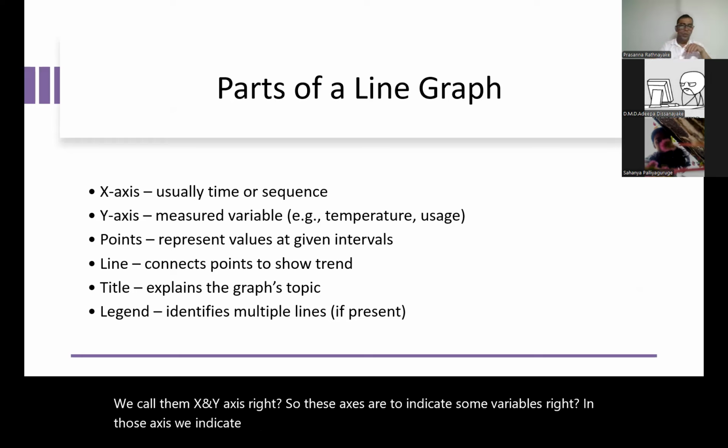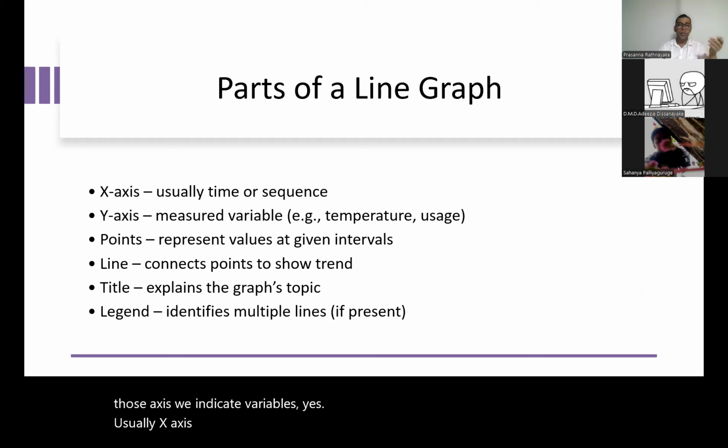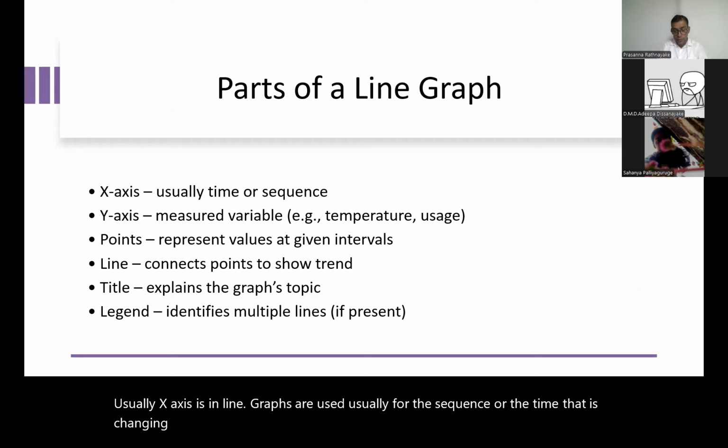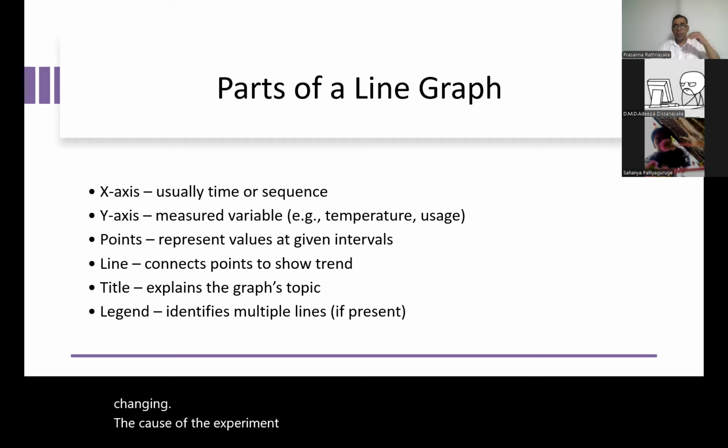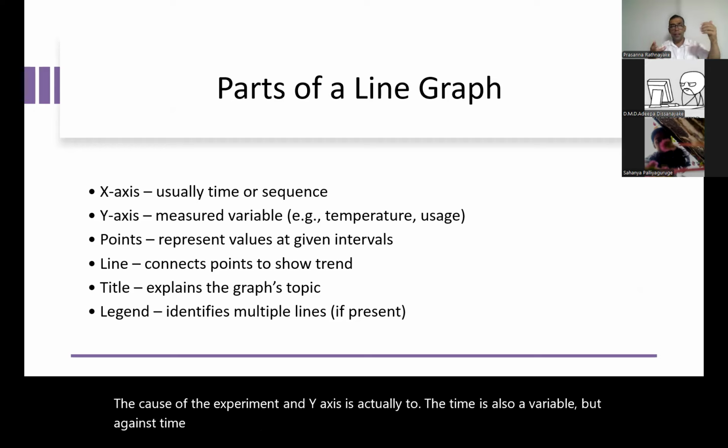Usually the x-axis in line graphs is used for the sequence or the time that is changing over the course of the experiment. And the y-axis is for what you are observing against time, on the other end.